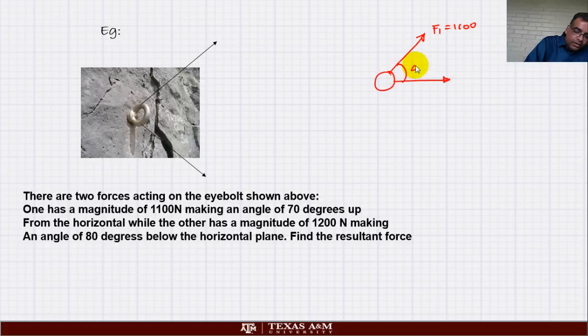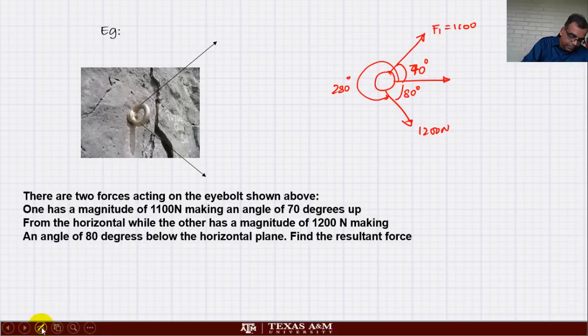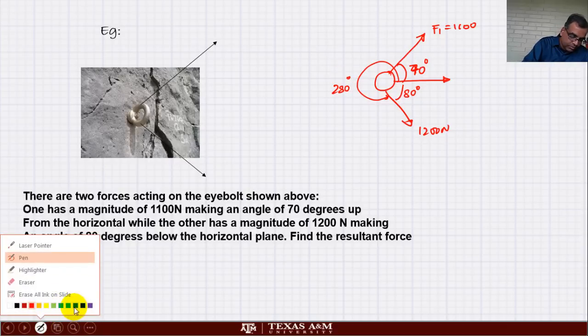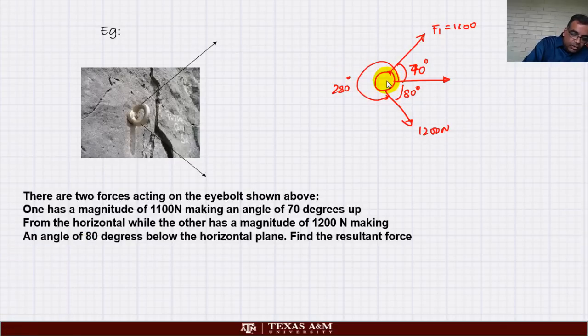1100 newtons at 70 degrees. And then we had 1200 newtons at 80 degrees down, which is 280 degrees. I'm just going to change the color so that you can see. Notice the base of both of them are here.